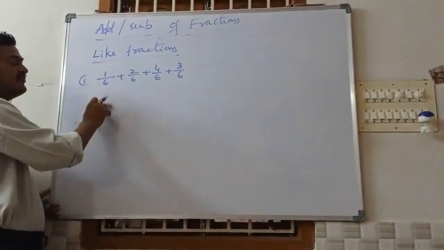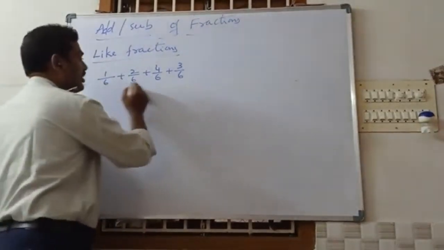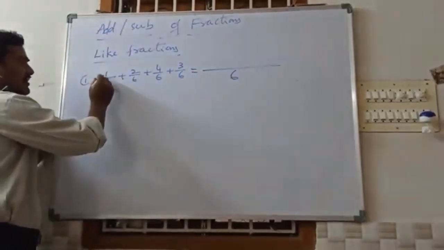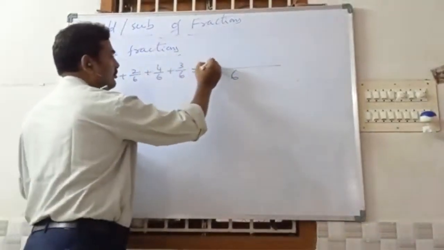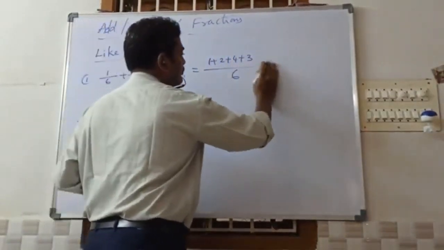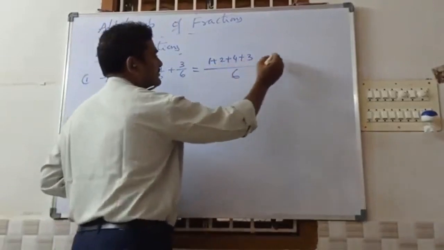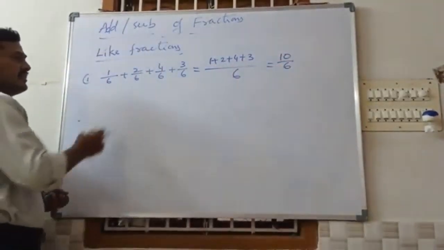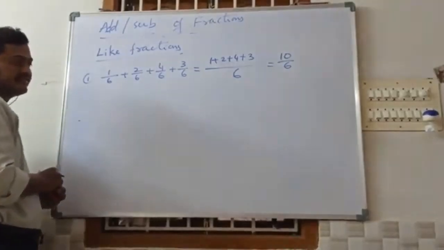Already we discussed the definition of like terms. So for all the 6s we write one denominator, and the operation is 1 plus 2 plus 4 plus 3, that equals 10 by 6. Like this we can add like fractions.